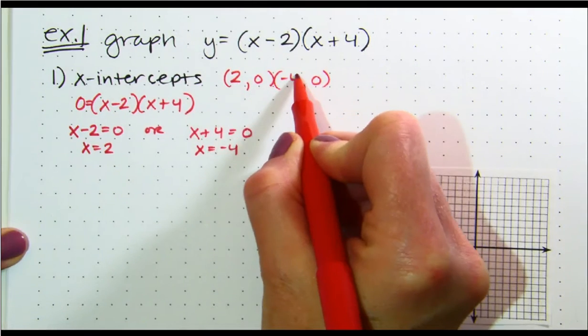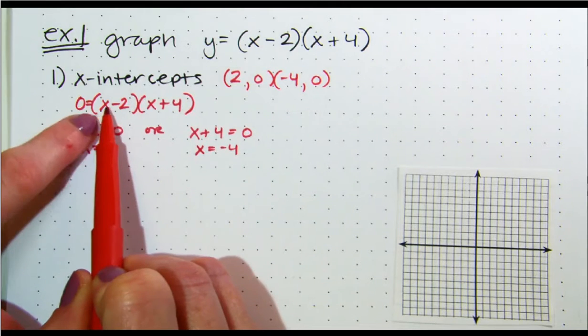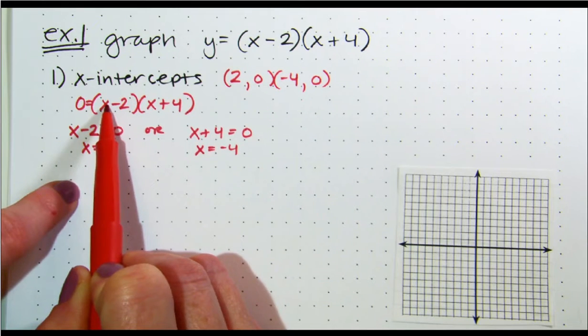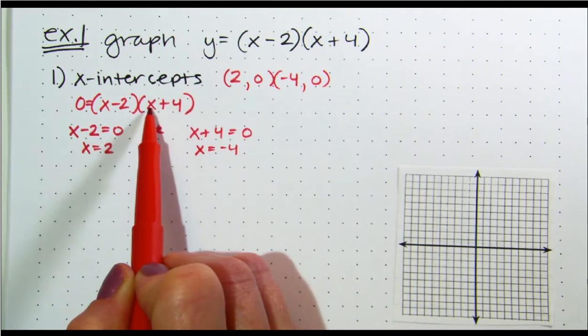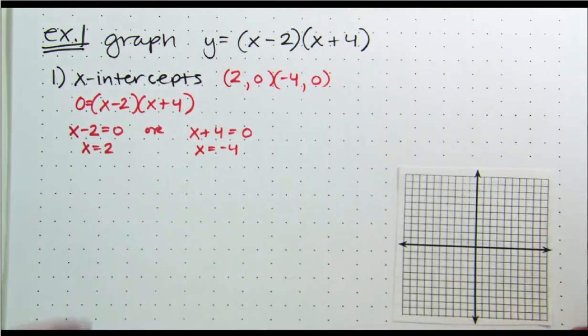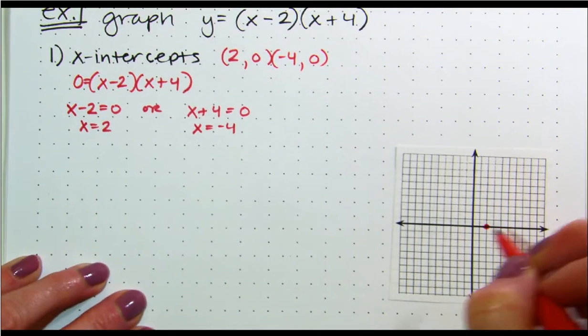So that gives me my two x-intercepts. If x was 2, y would be 0. If x is negative 4, y would be 0. So now let's go to the graph and plot our 2 points.